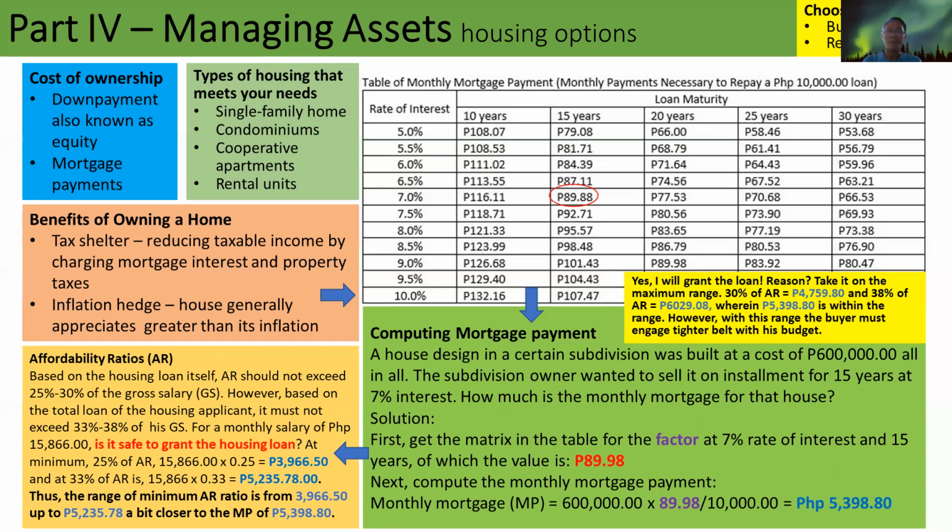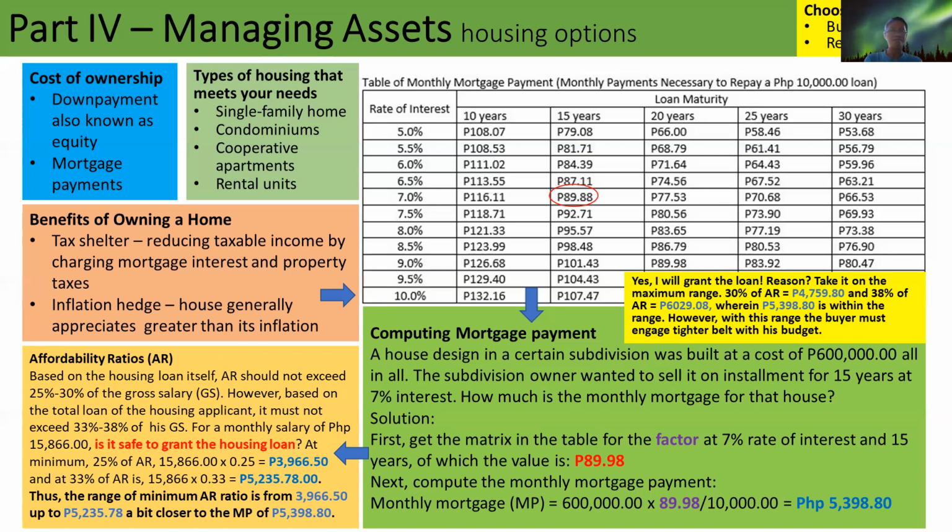The allowed for the applicant, based on the minimum affordability ratio, is 3,966.50 to 5,235.78. And the monthly installment for the housing project is 5,392. Mas malaki yung monthly mortgage kaysa allowed sa affordability ratios.